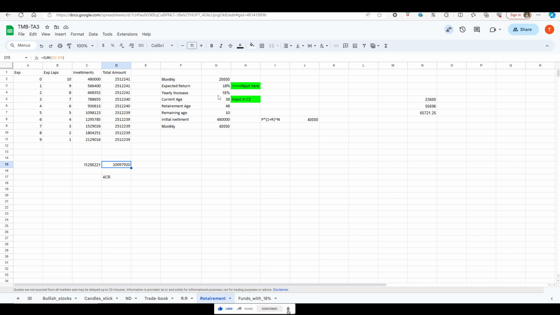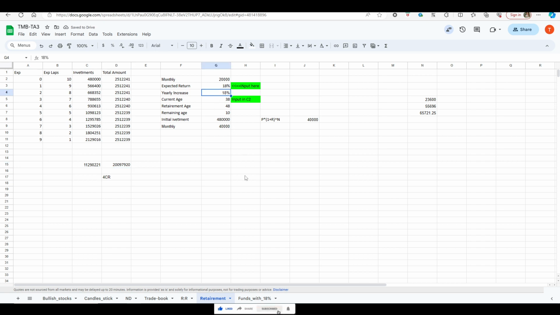So let's say the expected return is 18%, but the yearly increase I wanted to be only 10% every year. If you do the 10% increment every year, the amount you are going to get is 1.59 crores. If you are equally increasing 18%, you are going to get the equal amount.